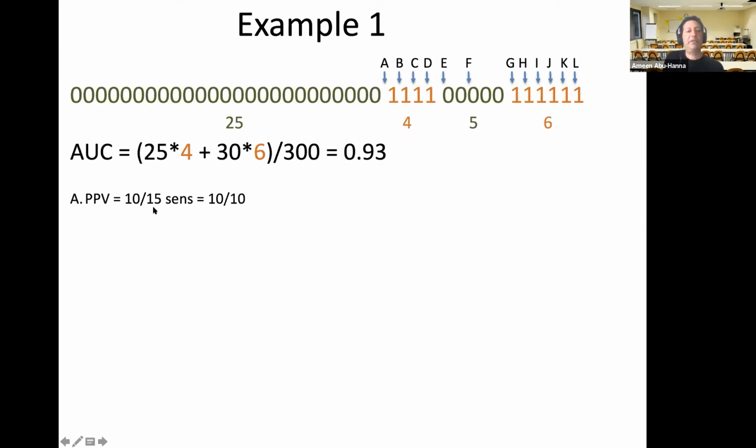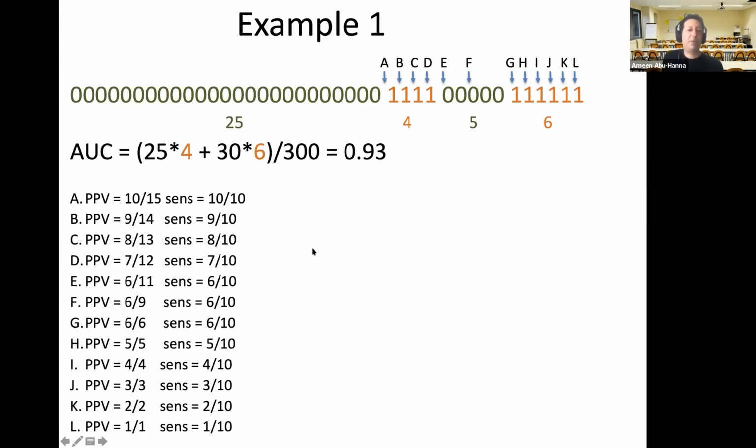I count by 15 only those I predicted to die, and I caught 10 of them. My sensitivity is 100% because I caught everybody who died, but my positive predictive value is 10 from 15 because I missed these 5. Now, if I go to B, you see now I will catch fewer patients. So the sensitivity will be less, and the PPV will also be changing.